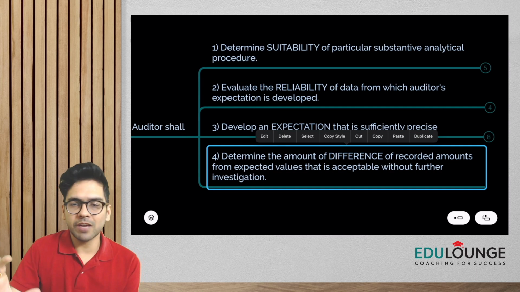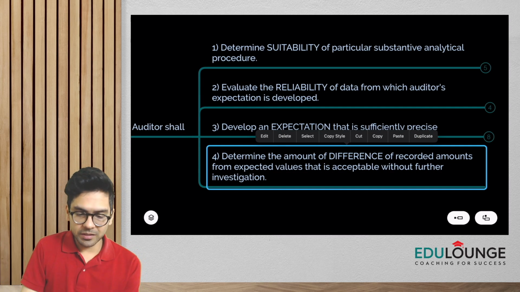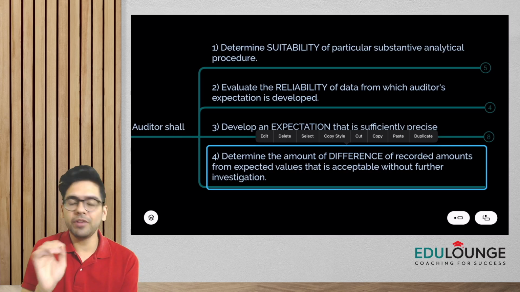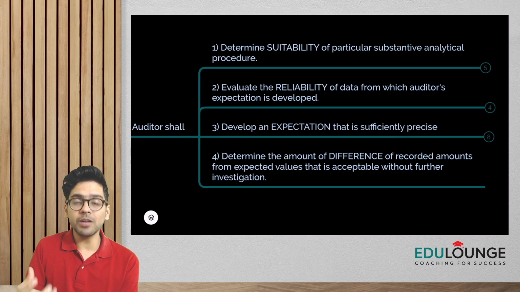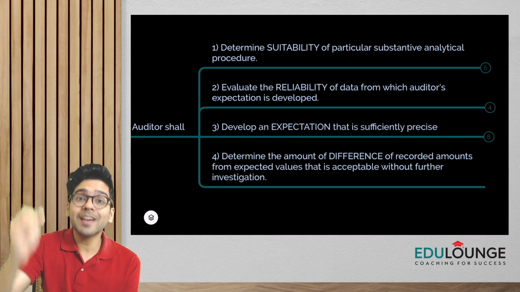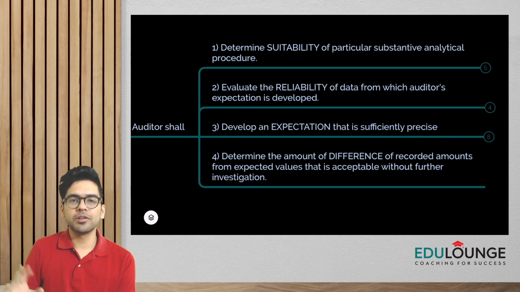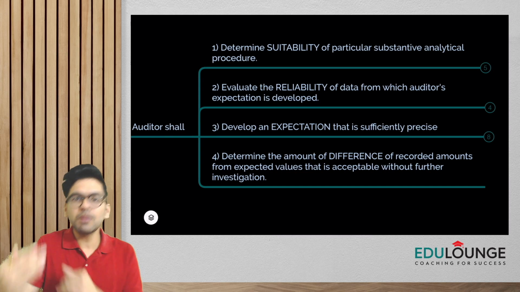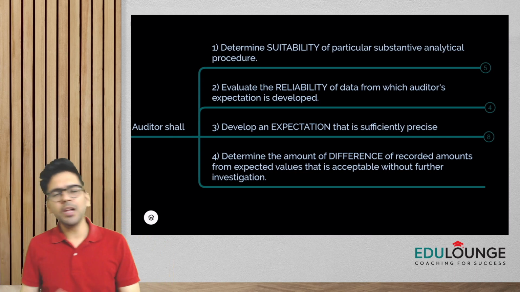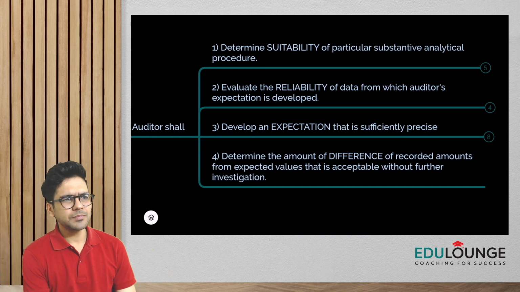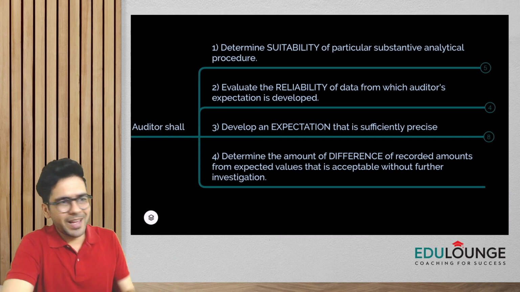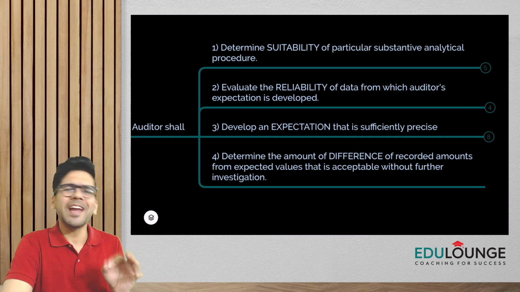After this, what is it that we have to do? We will now compare. It says determine the amount of differences of recorded amounts, recorded means actual amount, from the expectations that you have developed, that is acceptable without further investigation. So for example, you were expecting a GP of 10% and actuals has come to 9.98.